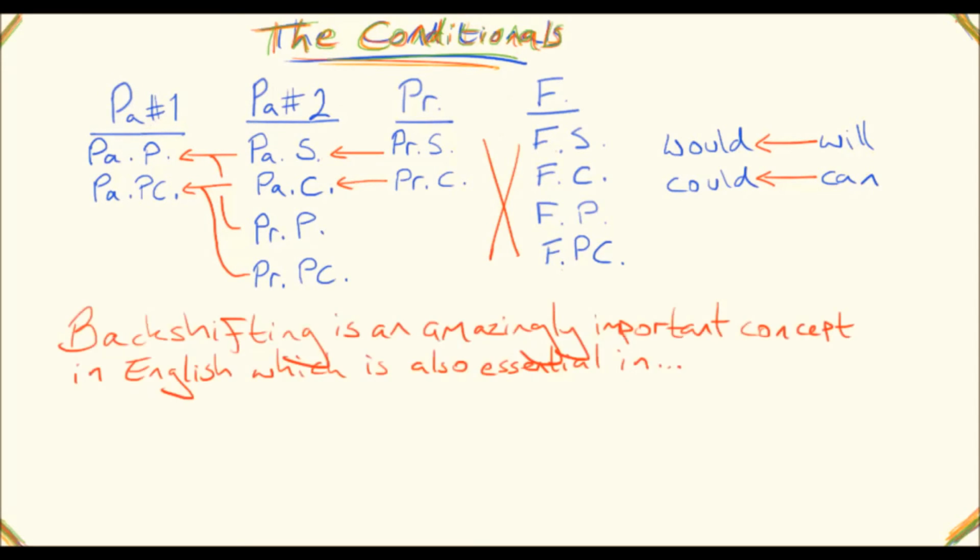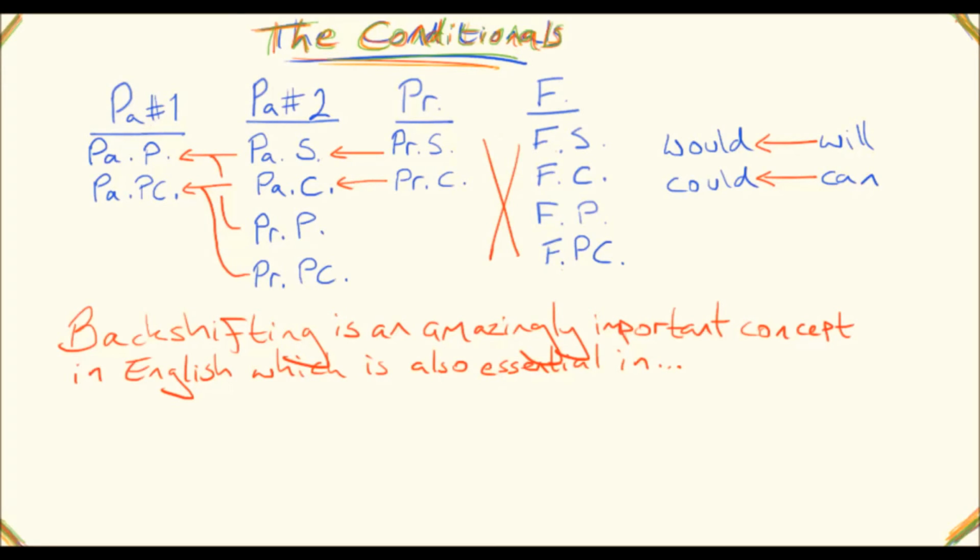So first of all, backshifting is incredibly important when it comes to understanding how to fully use English and how to start doing the dance of the tenses like native speakers do. We may not be aware that we're doing it, but we're certainly doing it all the time.